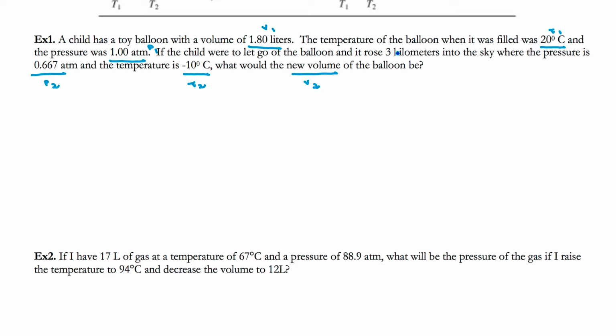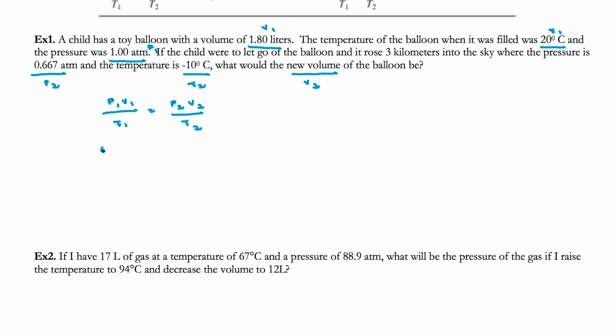The 3 kilometers is just extra information that you will not need to calculate this. Since I'm changing all 3 variables and not just 2, like I did for the other gas laws, I need to use my combined gas law. P1 V1 over T1 equals P2 V2 over T2. Now it's just a matter of plugging and chugging.